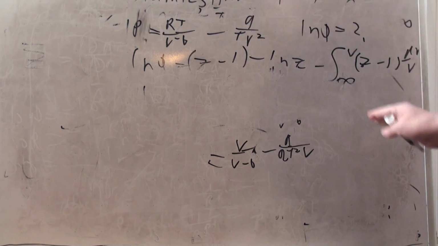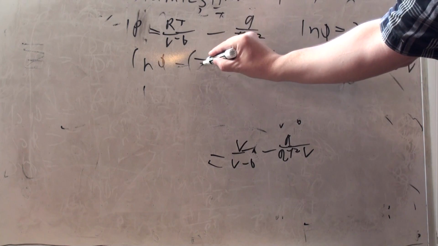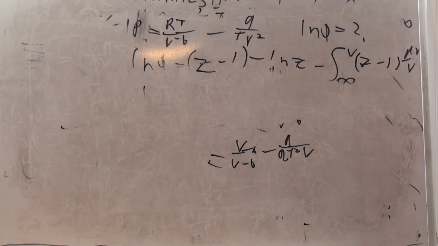I know that's what Koretsky does, but it almost drives me nuts a little bit, because he's making more work for you sometimes. So let's leave that as z minus 1, and natural log of z, and I just want to plug things into here. Now, I am going to get z minus 1 out of this thing.